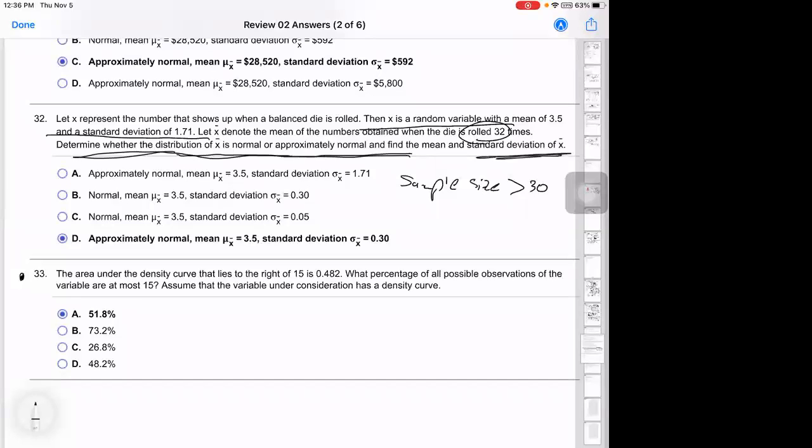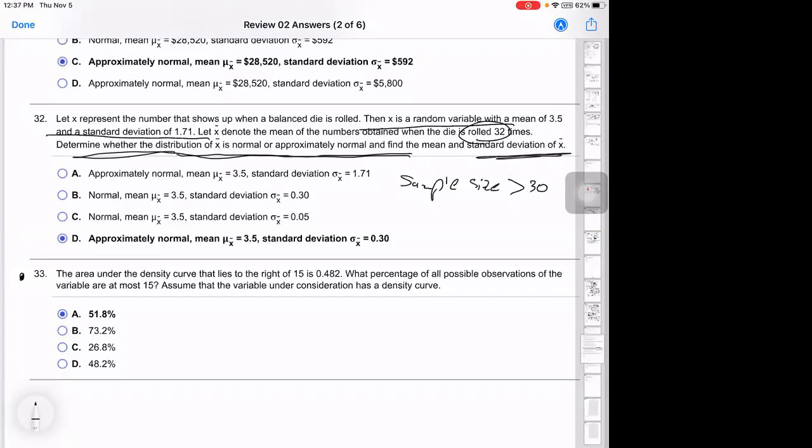In any case, if they haven't mentioned your population is normally distributed, which means your population is not normal, and sample size is less than 30, you cannot assume that your sample is normally distributed. If your population is normally distributed, then without any problem you can consider your sample normally distributed.